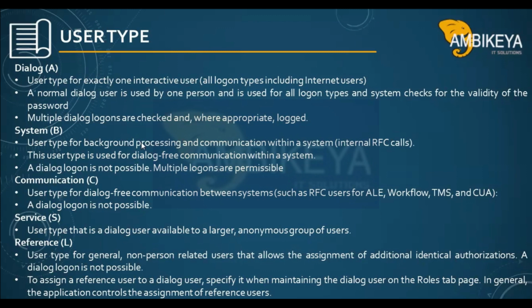Whenever we set a password for a dialog user, it's the initial password, and whenever we set the password for a system user, it's permanent, not initial. Dialog login is not possible with the system user. It's only used for RFC connections and system related things like the printer and background processing.